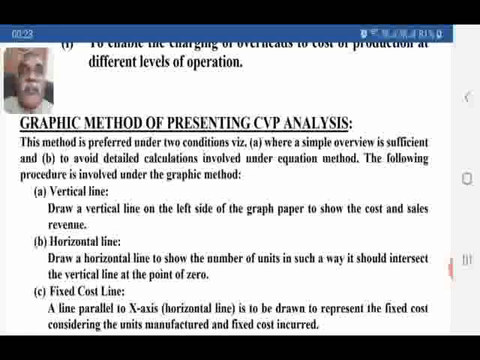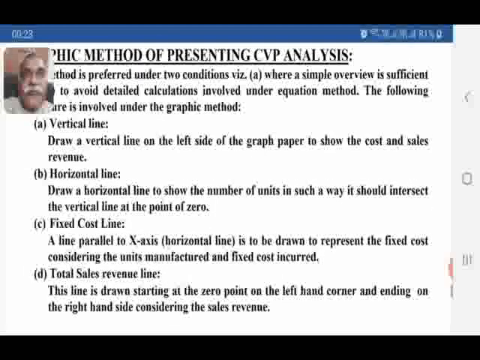The procedure involved under the graphic method: draw a vertical line on the left side of the graph paper to show the cost and sales revenue. There is a horizontal line to show the number of units in such a way that it should intersect the vertical line at the point of 0.